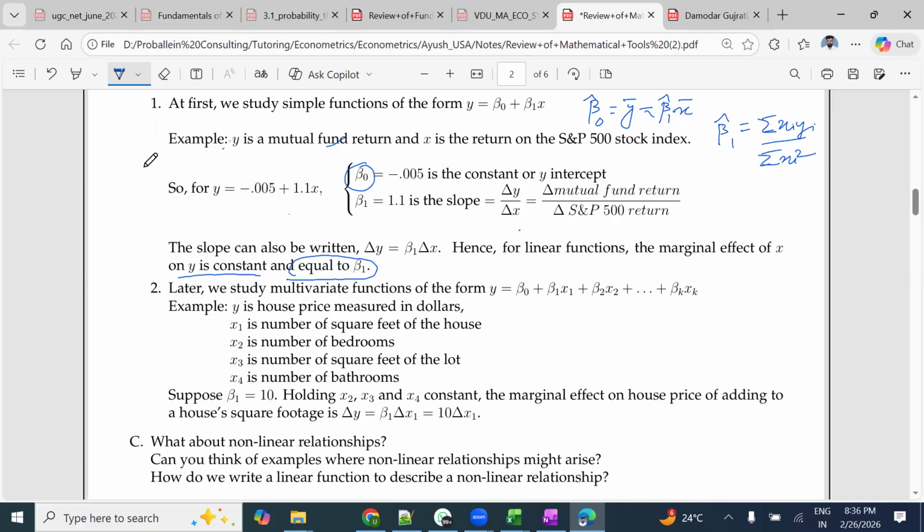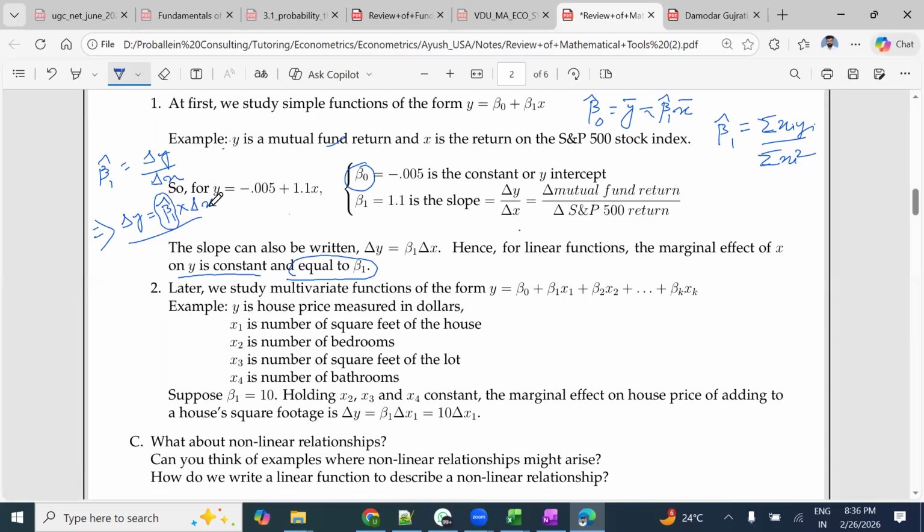As we already know, your beta 1 hat is delta y upon delta x. So delta y is nothing but beta 1 hat into delta x, isn't it, Bhakti? So what we are saying, most important is the interpretation.